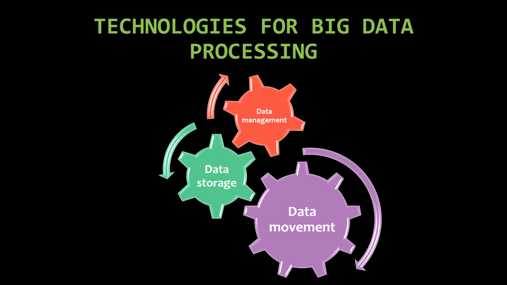Technology, and then all these technologies came out with the fundamentals. The focus of this section is to discuss the evolution and implementation of these technologies around three elements, which are data management, data storage, and data movement.